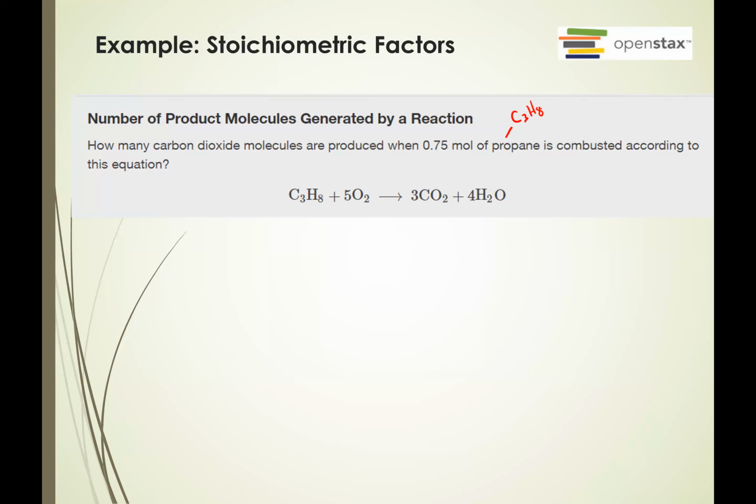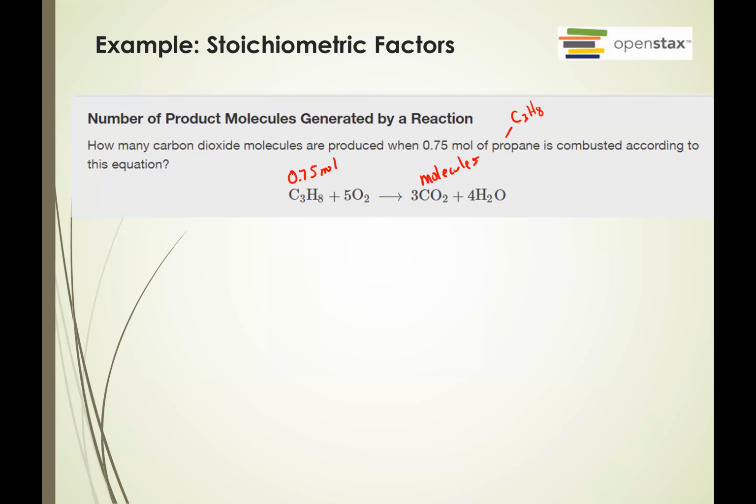So we're starting with 0.75 moles of this. Okay, what are they asking for? Carbon dioxide molecules. When we see the word molecules, what should go in our brain? Avogadro's number, right?